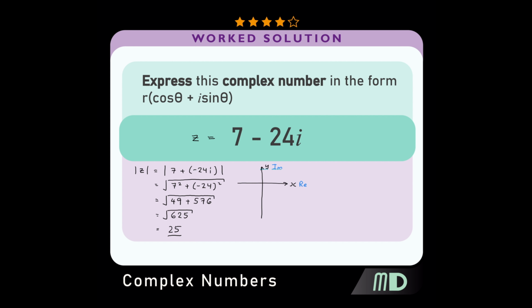Plotting the value 7 on the real axis and the value minus 24 on the imaginary axis, and drawing a line representing the complex number, the angle formed between the complex number and the real axis is alpha.